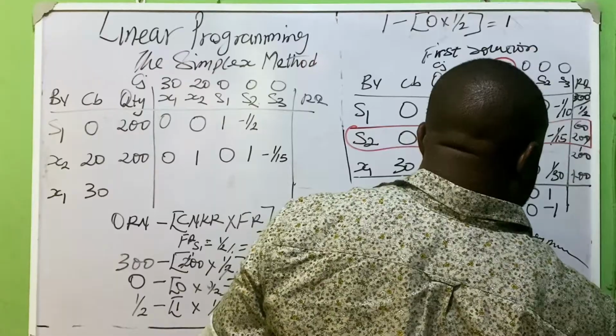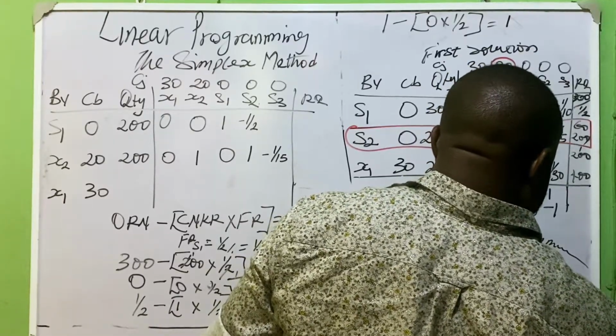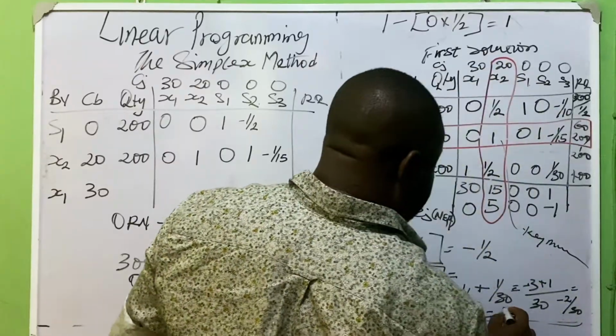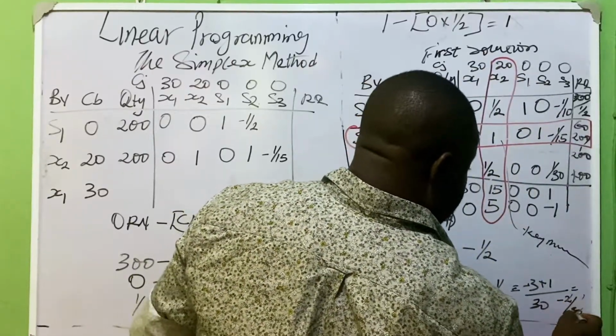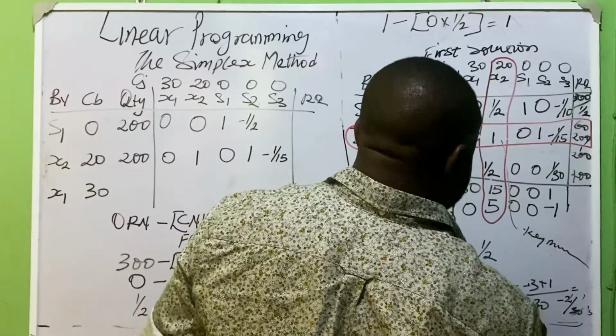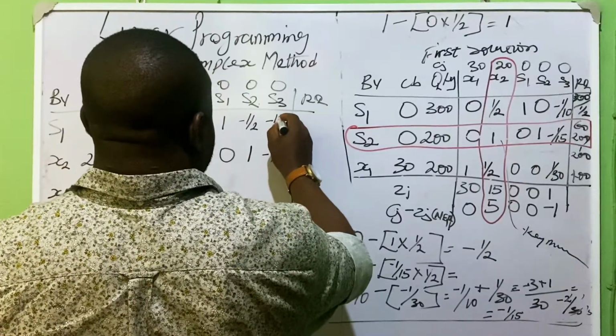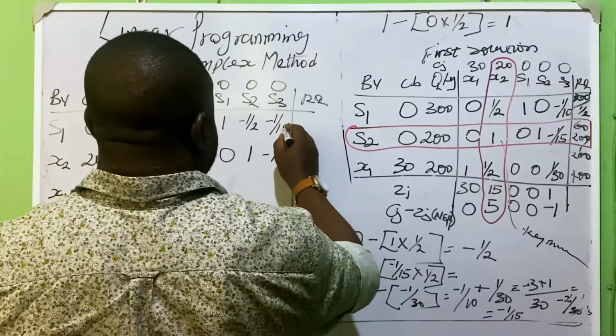So this gives me minus 2 over 30. So that I'll have 2, 1, 2 by this 15. So I have minus 1 over 15. So I'll have here minus 1 over 15.